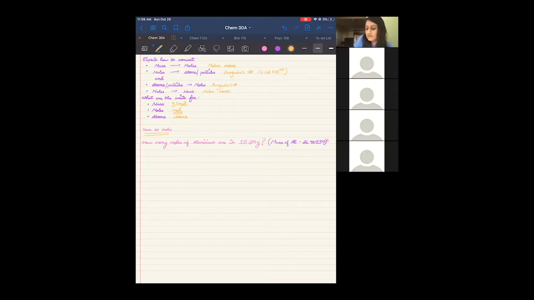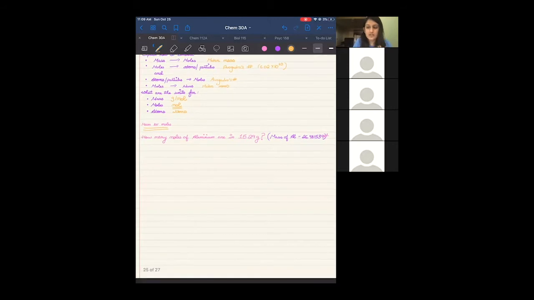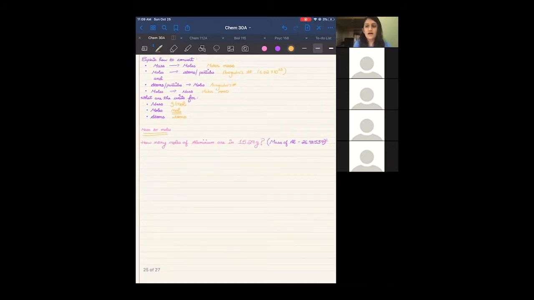I gave you the molar mass of the aluminum already because I didn't want to waste a lot of time, but on the exam, you'll have to find it. Since we are already in chapter 6, you probably have a lot of practice finding the molar mass. So let's try this problem. Take 2 minutes, solve it, and put the answer in the chat.